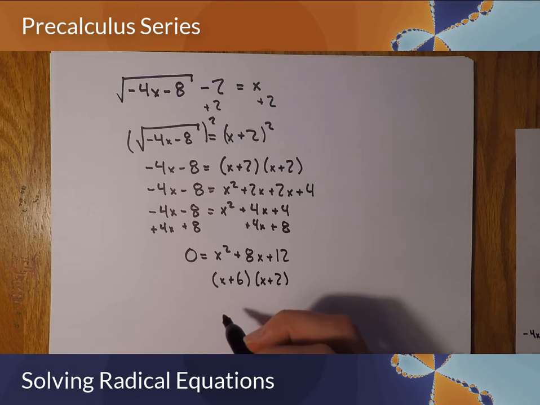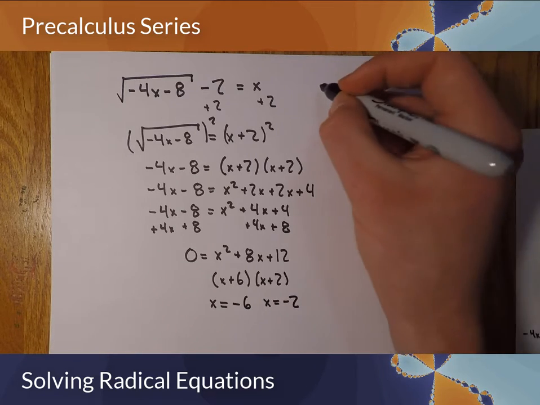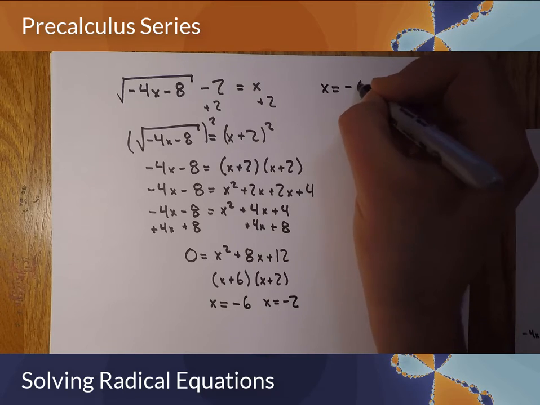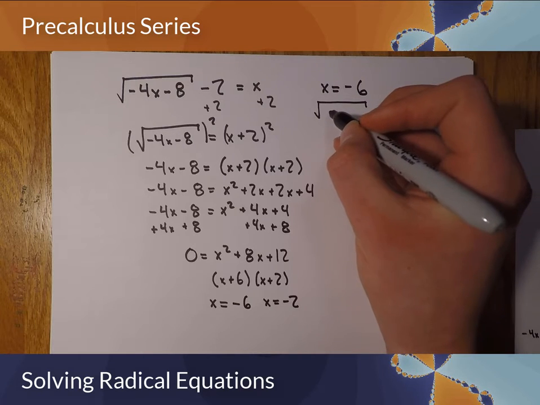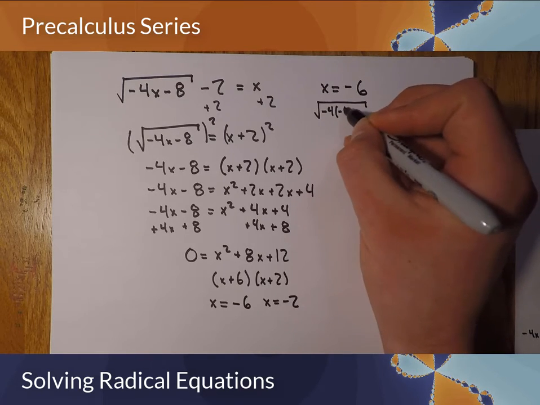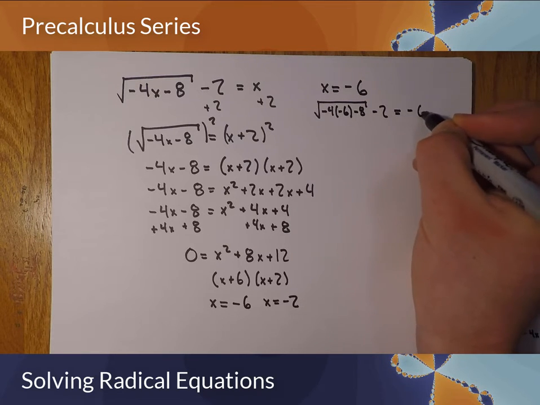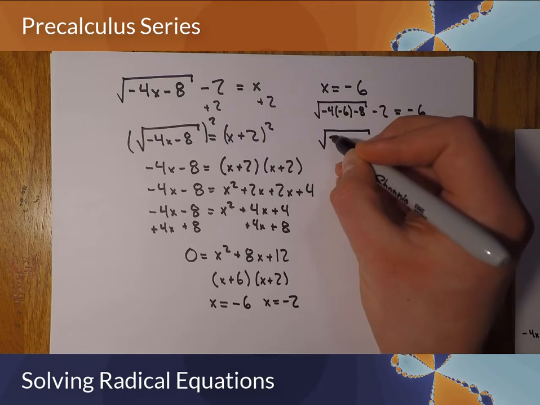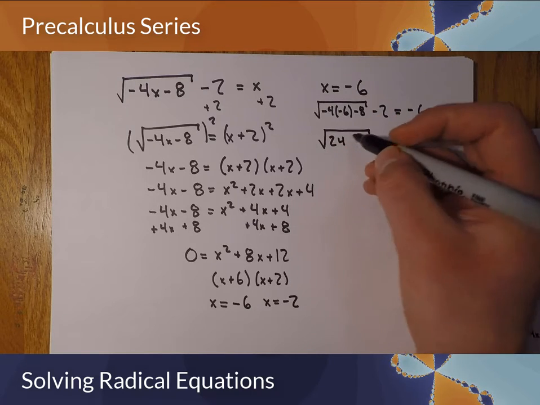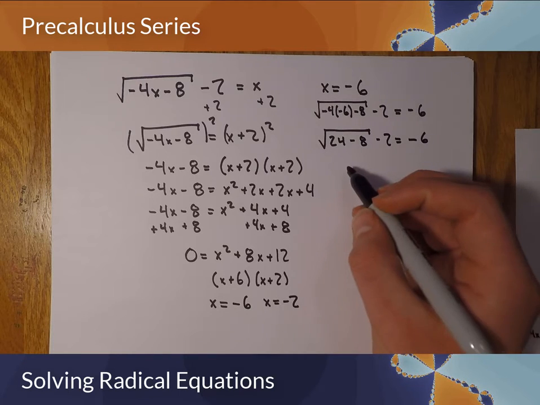So now what we've got to do is test our two solutions, which are x equals negative 6 and x equals negative 2. So for x equals negative 6, let's plug this in. We have the square root of negative 4 times negative 6 minus 8, minus 2 equals negative 6.